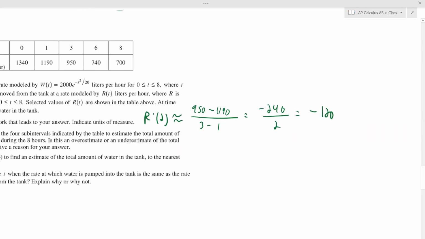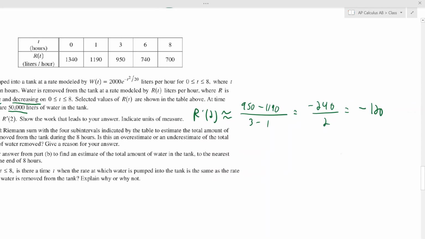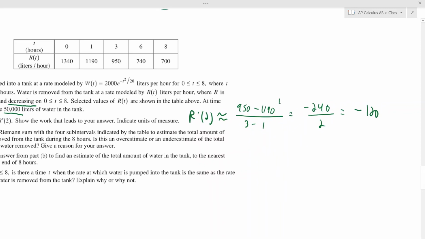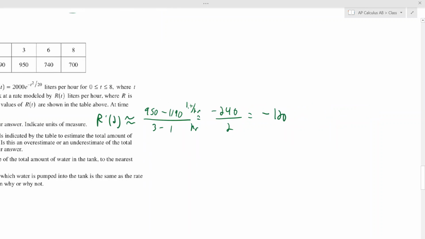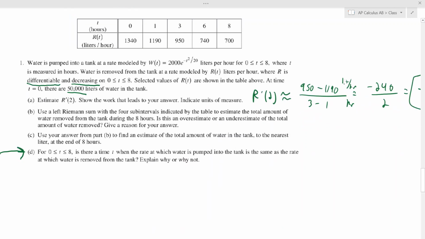Because that's an estimate for R prime, and R is liters per hour, this is liters per hour over hours, so liters per hour squared. That's part A, super easy. I hope you get one of those.